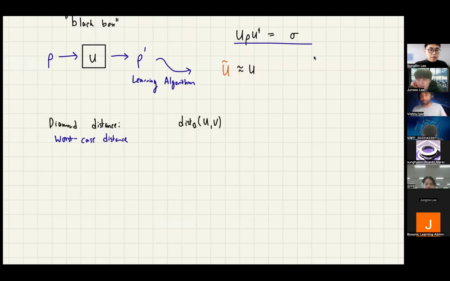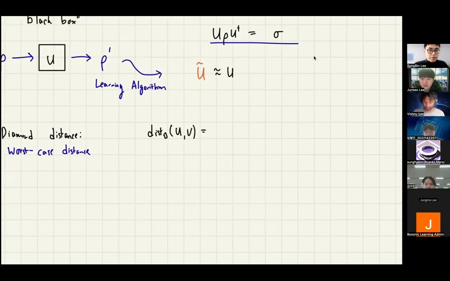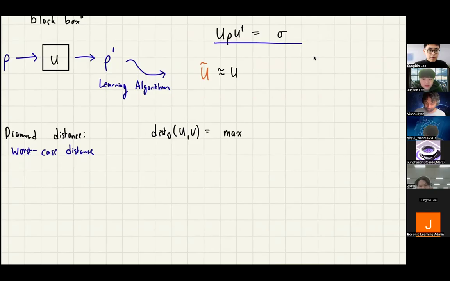So the diamond distance between U and V is the max across all states rho of this unitary tensor, there's a tensor product with the identity. The reason that this tensor product with the identity is there is that there are some examples where you can take a state and entangle it with some other register, and two different unitaries would give you the same results if you just looked at a local state.